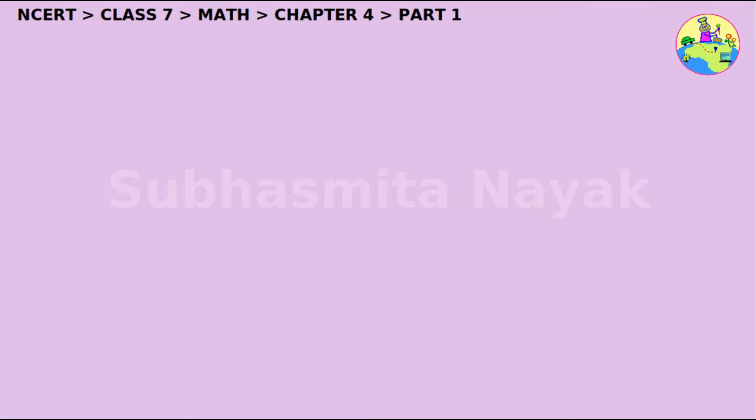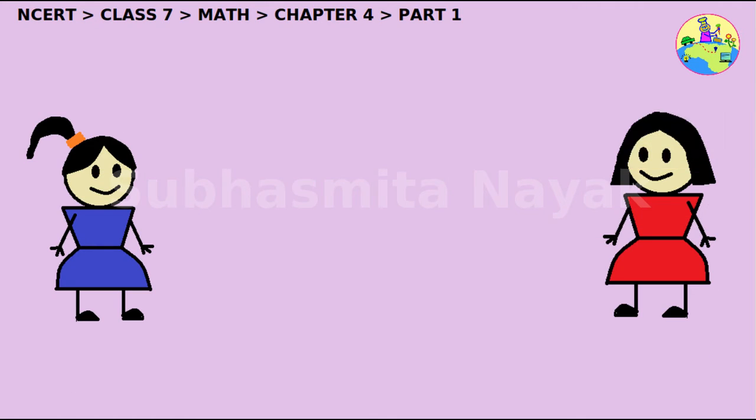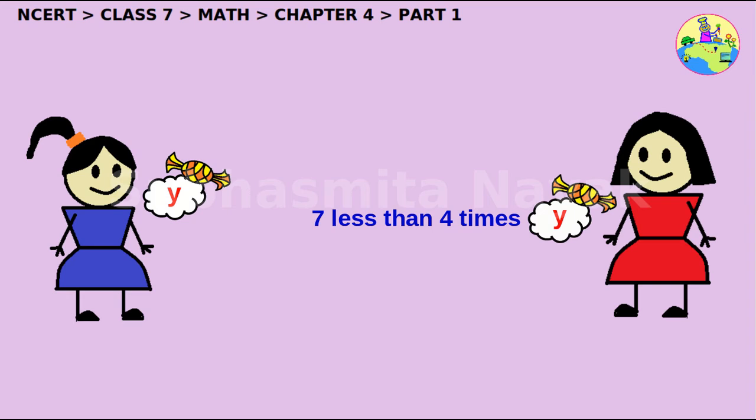As in the previous story, let's say Sarah has Y chocolates and Twinkle has 7 less than 4 times the number of chocolates Sarah has. Okay, so 4 times the number of chocolates Sarah has can be written as 4y, isn't it?